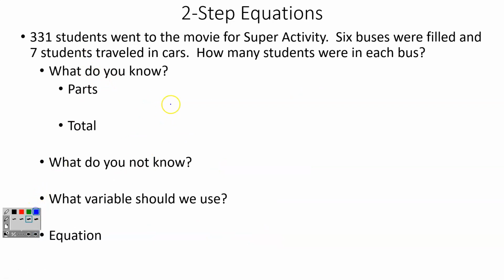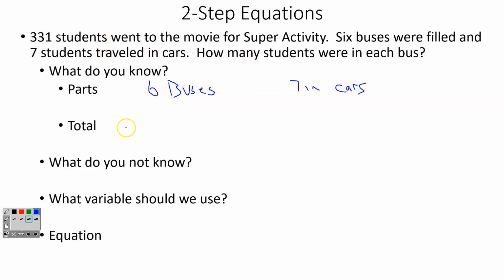331 students went to a movie for super activity. 6 buses were filled and 7 students traveled in cars. How many students were in each bus? Well, what do we know? We know that we used 6 buses. And 7 people went in cars. So 7 in cars.